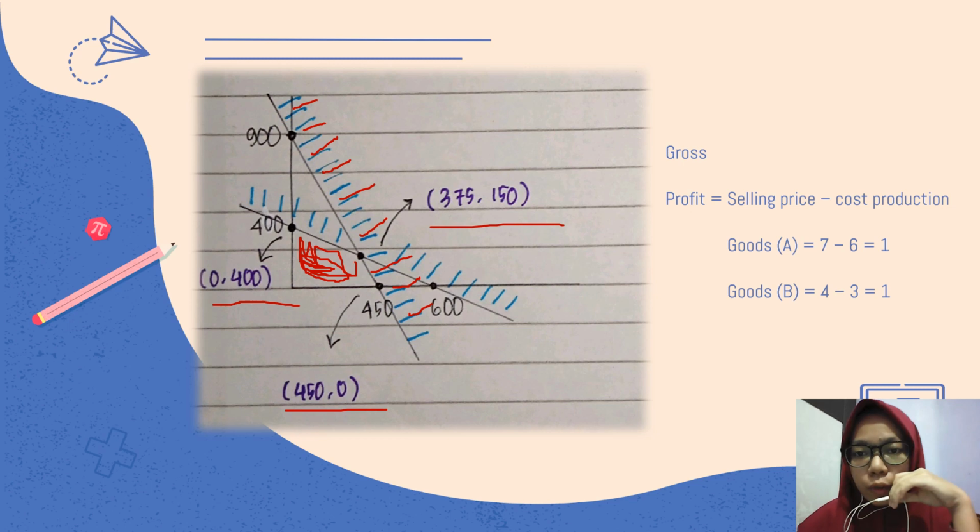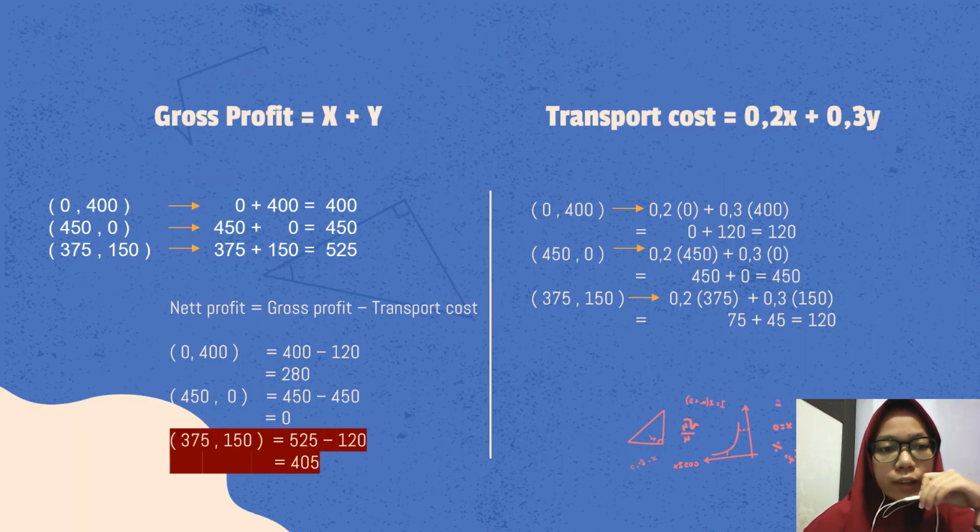To find gross profit, we subtract the production cost from the selling price. So goods A is equal to 1 and goods B is equal to 1. If the corner is 0, 400, the gross profit is equal to 400. If the corner is 450, 0, the gross profit is equal to 450. And the last, if the corner is 375, 150, the gross profit is equal to 525.